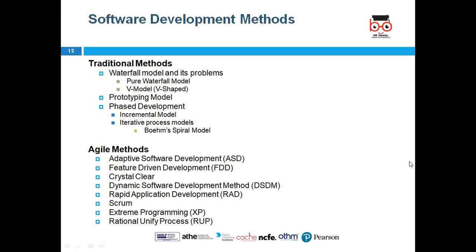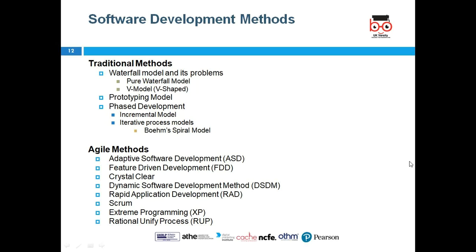Within the iterative, there is the popular spiral model. You must have heard about it. Yes, we covered that last week, I think. Then the agile methods, the most popular ones like RUP, Rational Unified Process, Extreme Programming, Scrum, and DSDM, the Dynamic Software Development Method. So let us discuss the details.